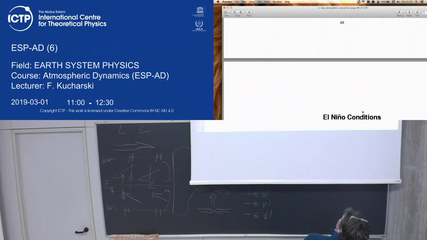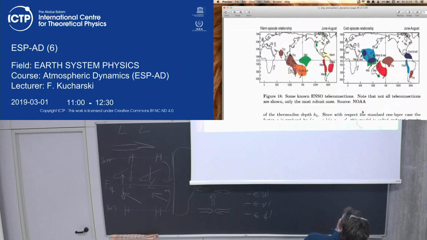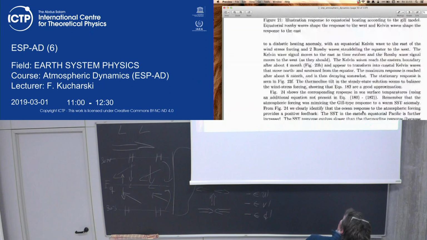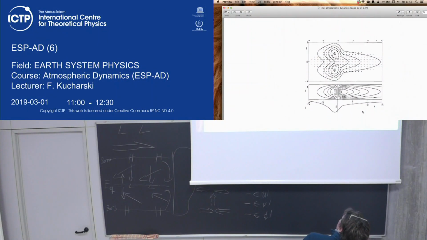The solutions that he finds are shown here. This would be a horizontal picture of this. The heating is actually here, just in this region here at the equator. And something intuitive happens.